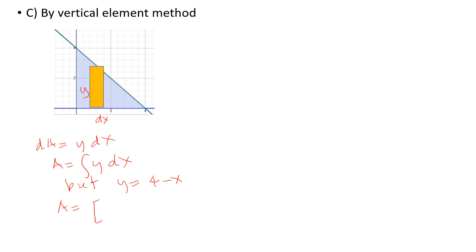Then A equals the integral of (4 minus x) dx. So the limits here should be 0 to 4.